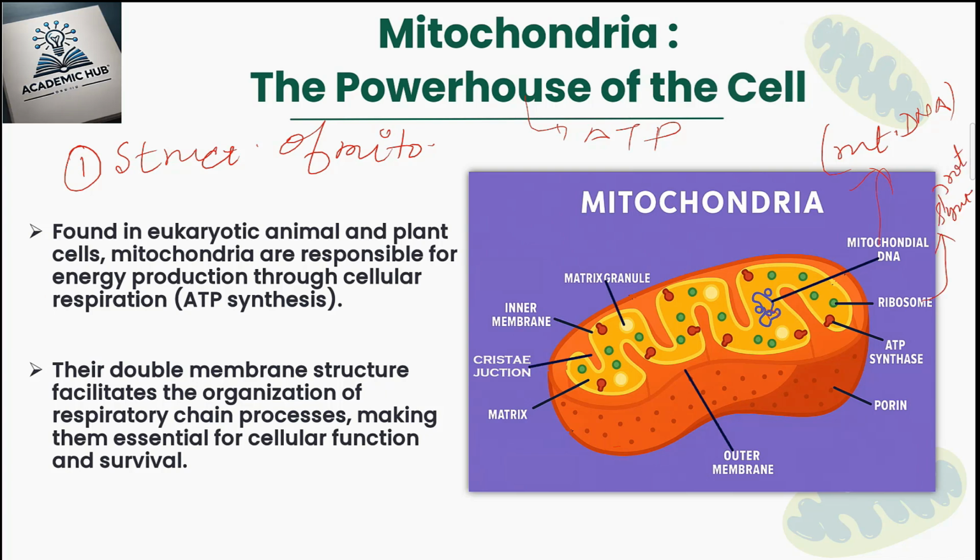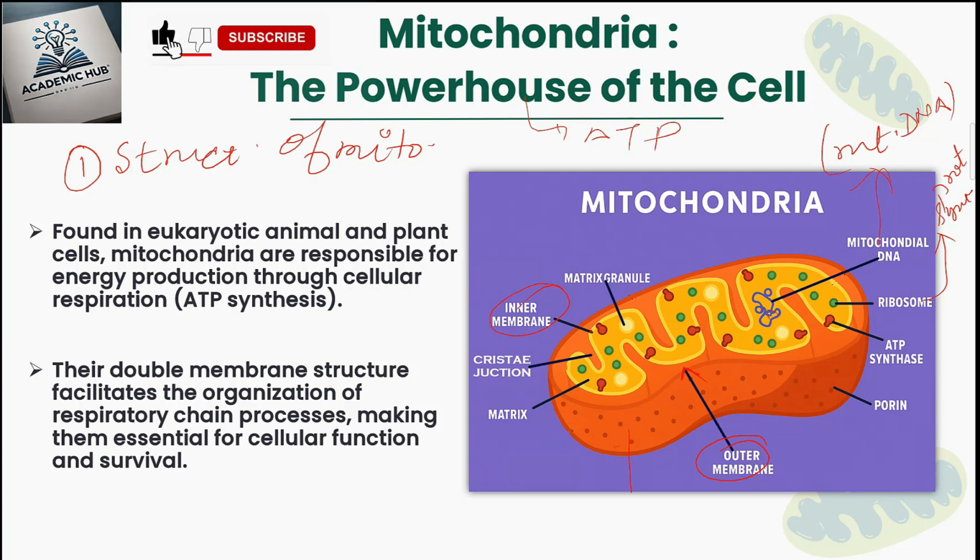The stalked red-like structure is ATP synthase, from where ATP is generated, and these small dotted structures are known as porins. Porins allow the movement of ions and nutrients. This is the outer membrane, and this is the inner membrane. The space between the inner membrane and outer membrane is known as the intermembrane space.